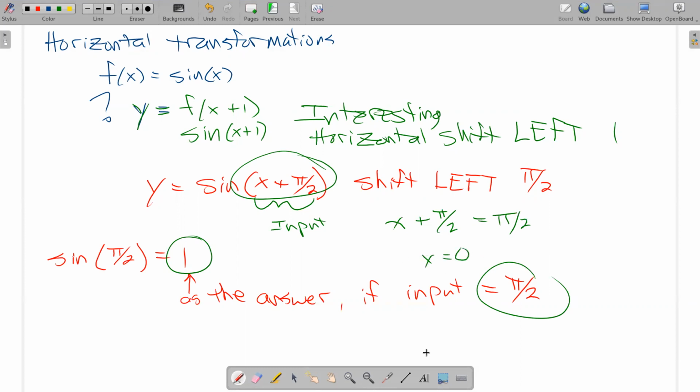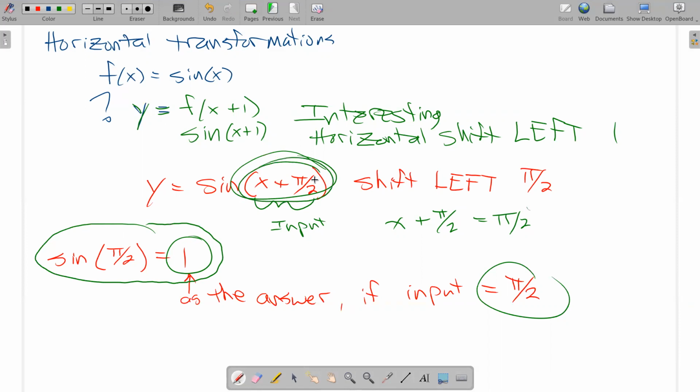Well, x equals 0 is the only way that's going to happen. How did I get that? I'll solve for x. Certain relatives of pi over 2 give me 1 as the output. So I want to know what input here is going to give me 1. Well, that means the input has to be pi over 2.